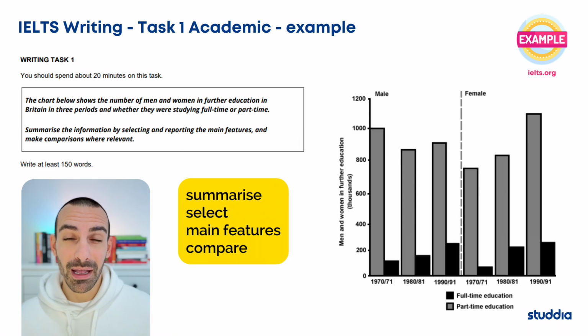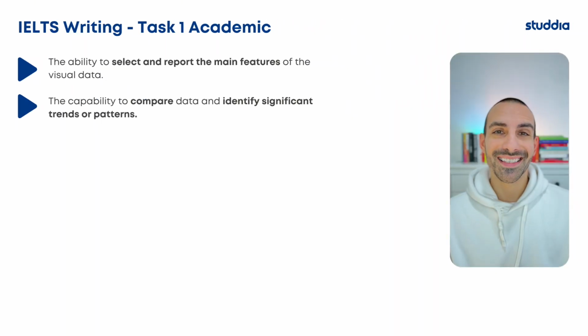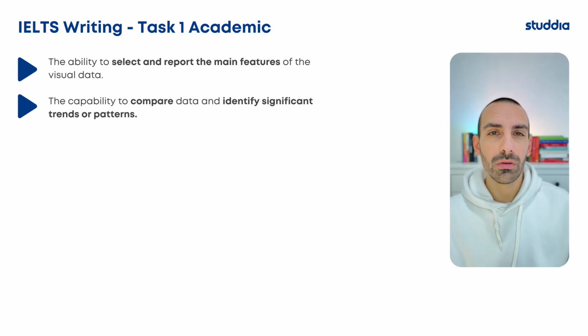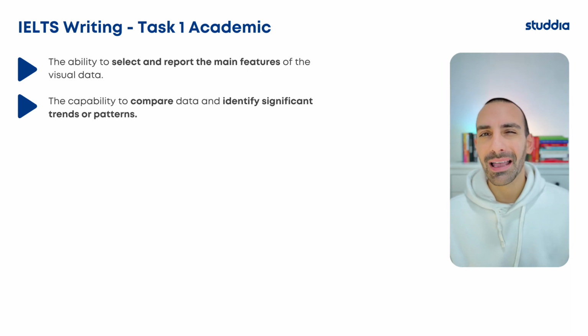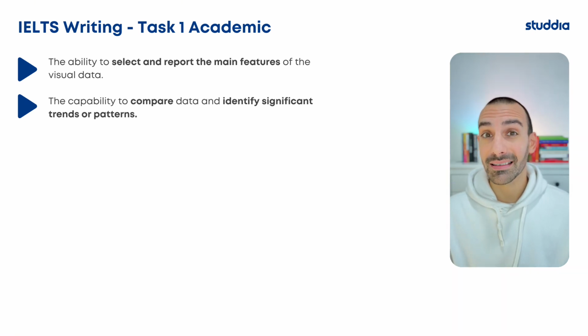So now you might be thinking, what does Academic Task 1 actually test? Well, first, it tests your ability to identify key features in visual data. You are not expected to describe every single detail, but you must recognize the most important trends or patterns.